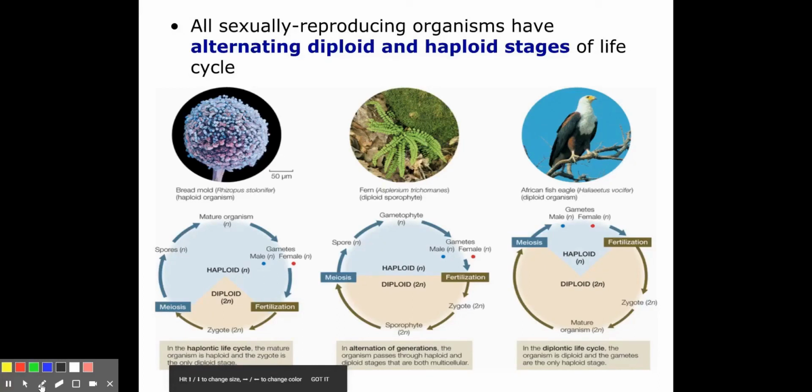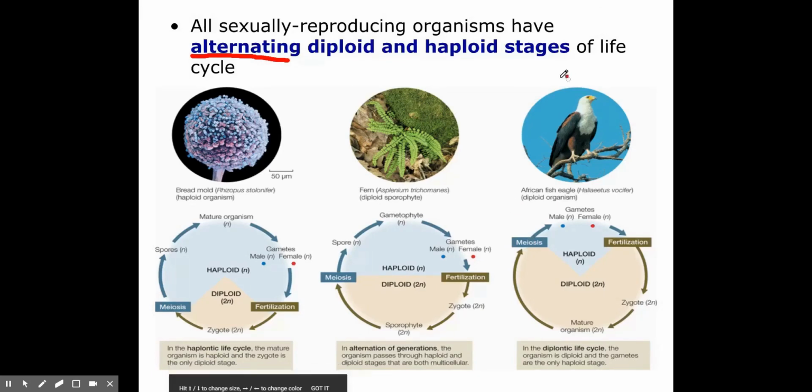Okay, so as I mentioned, all sexually reproducing organisms have alternating diploid and haploid stages, and we are most familiar with the animal life cycle. Here's an example where the haploid stage is a very small portion of the life cycle. The majority of the mature organism is diploid.